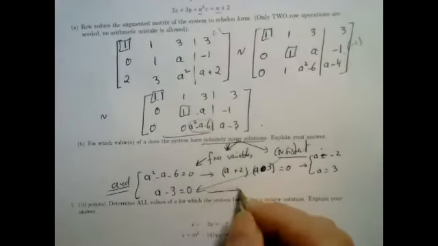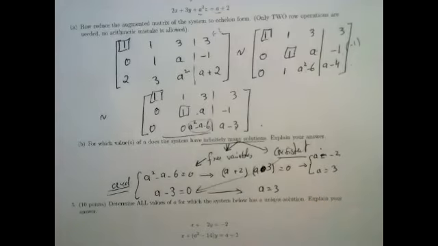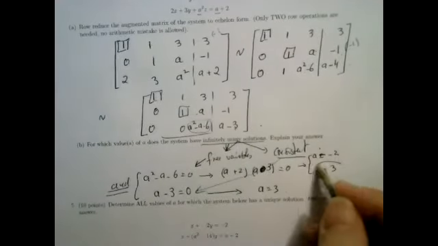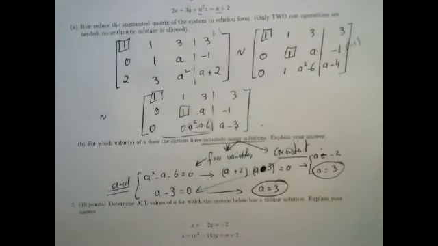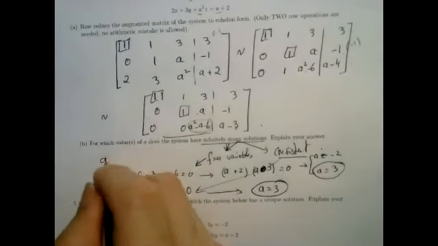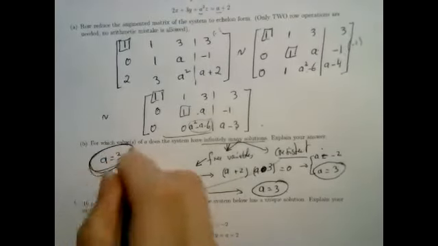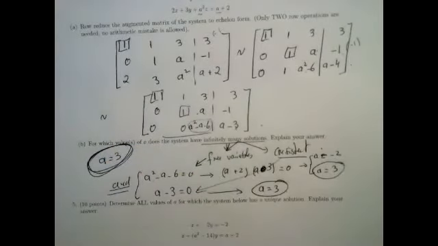And for this to occur, I need a equal to 3. But now I need both of them to be satisfied, not only one. If one is satisfied, it doesn't work. So for both to be satisfied, a has to be equal to 3. So this would be the solution. a has to be 3. All right, that's the consistency.